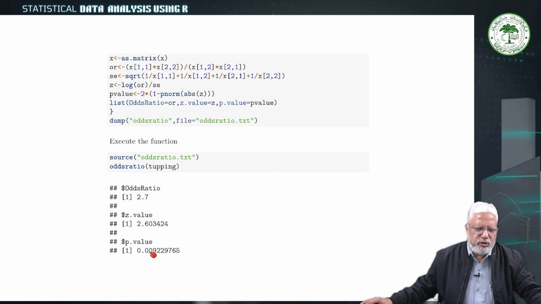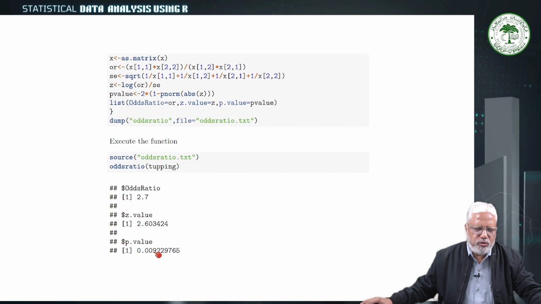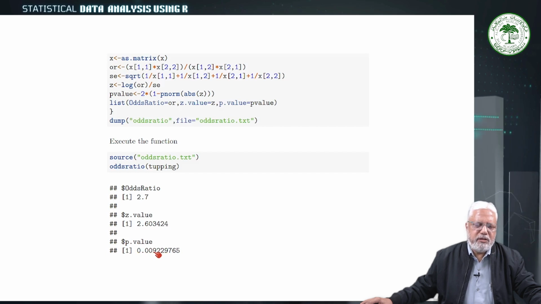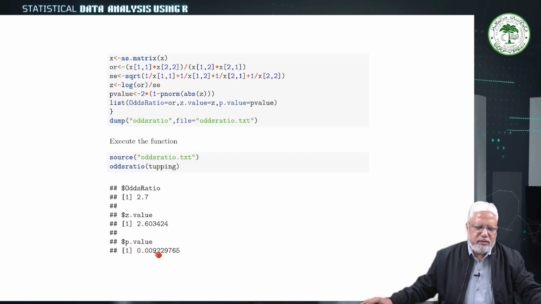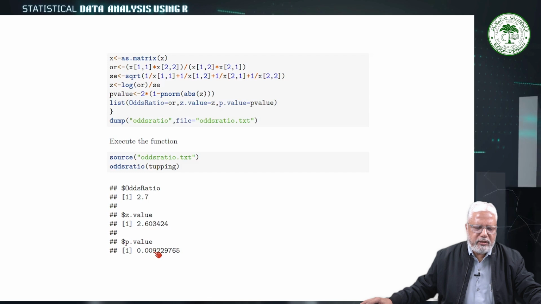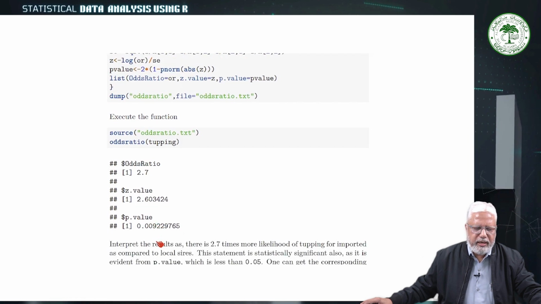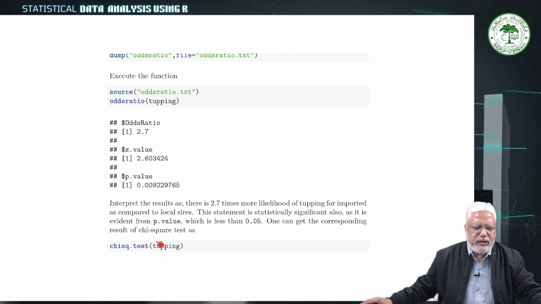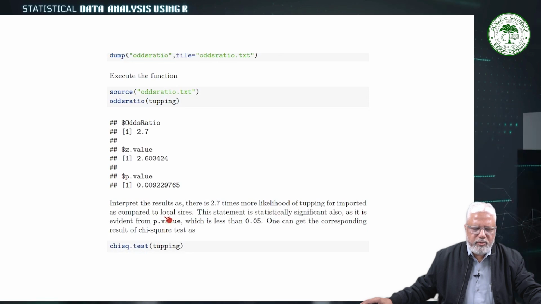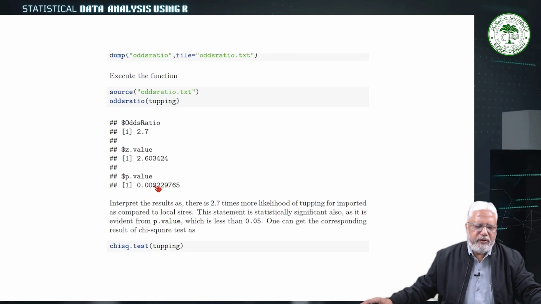The p value 0.0092 is much less than 0.05. That means we are rejecting our hypothesis.